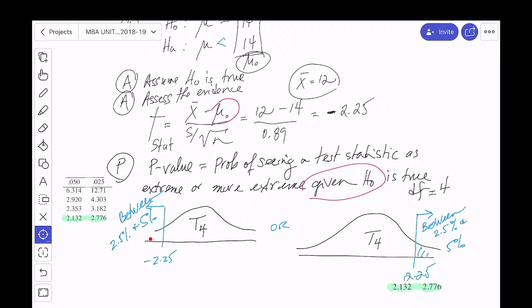That's 2.776 away. So it's in between. So finally, we can conclude my p-value would be called between, this is the p-value, and that's the best I can do. Or I can go to Excel and get it.